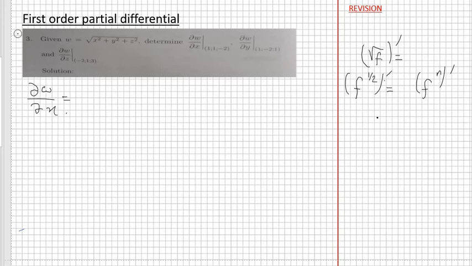All you need to do here is you first bring your n down, and then you repeat your f, and then you have the exponent there, your minus 1, and then the next thing is to multiply by the derivative of the function.